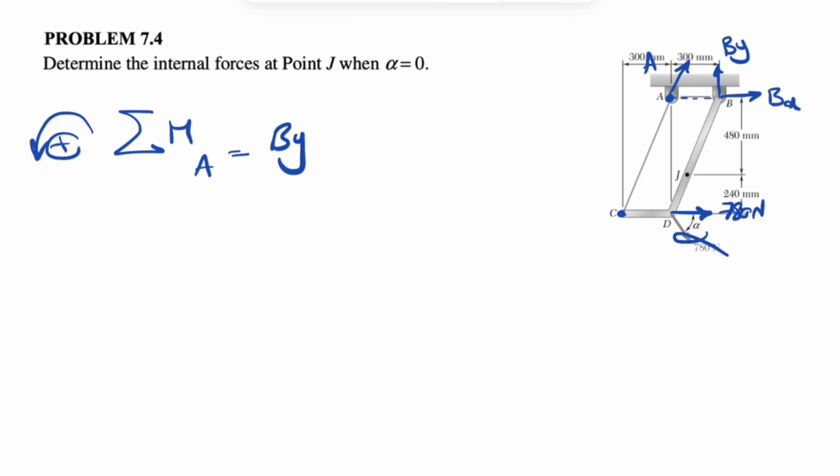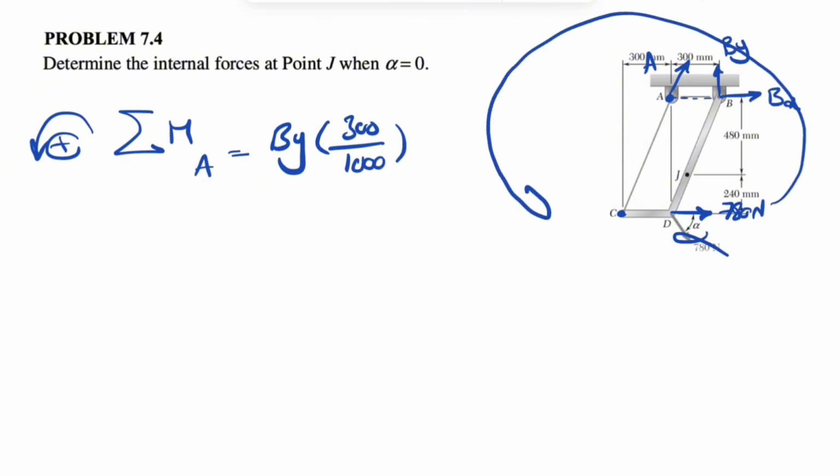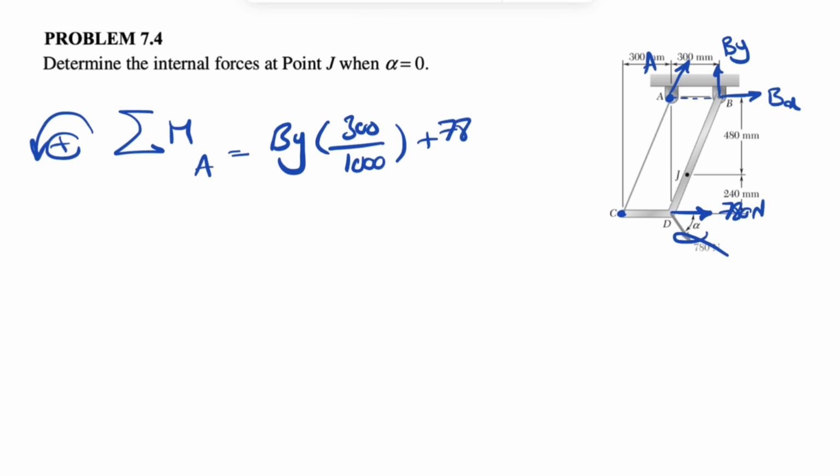So By times the distance, 300 millimeters divided by 1,000, it's going to give us meters. And we also have the moment of 780. This one's also counterclockwise. So plus 780, that's the force, and the distance that we have for the moment is the vertical distance to the line of action, or what we have from A to D. So it will be 480 plus 240, which will be 720 divided by 1,000.